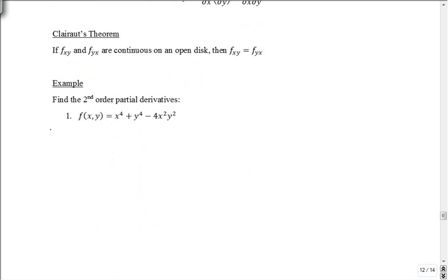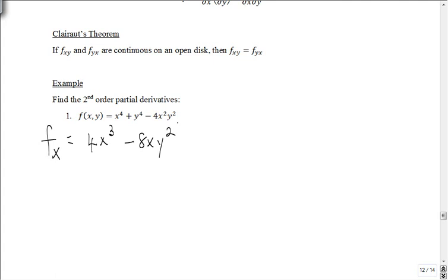So can somebody, one person, give me the partial of f with respect to x? Minus, good, 8x. Excellent. So that's the partial of f with respect to x.